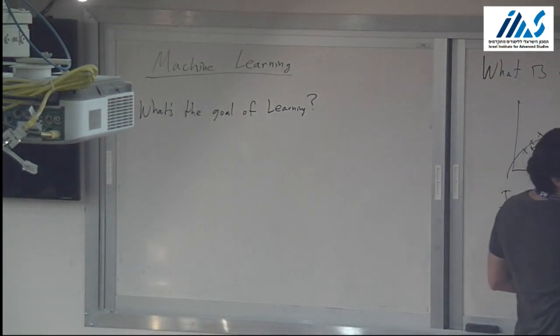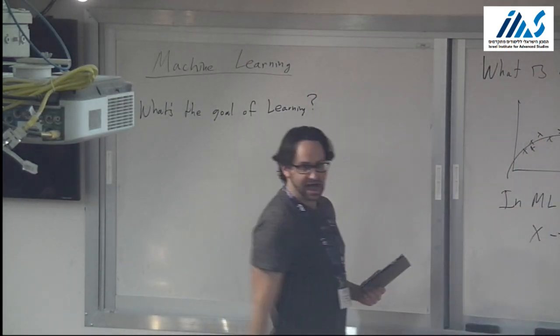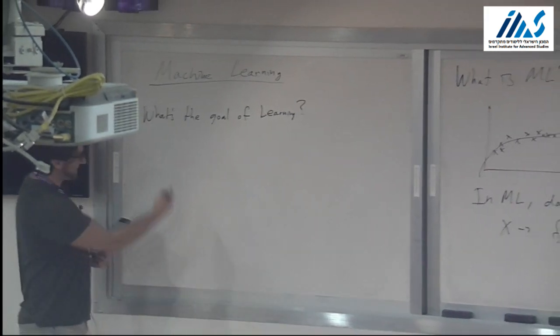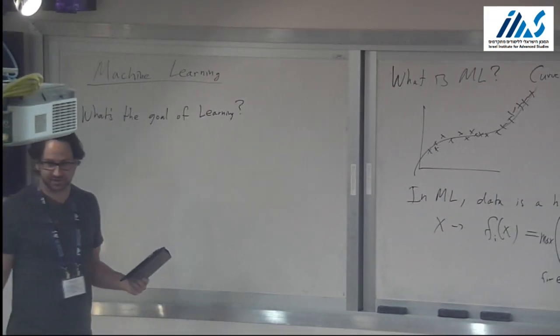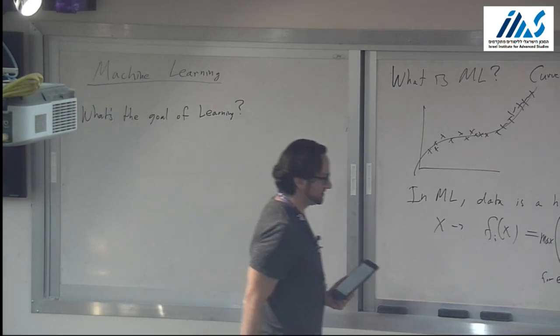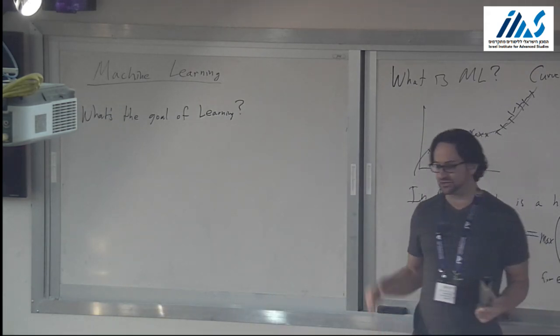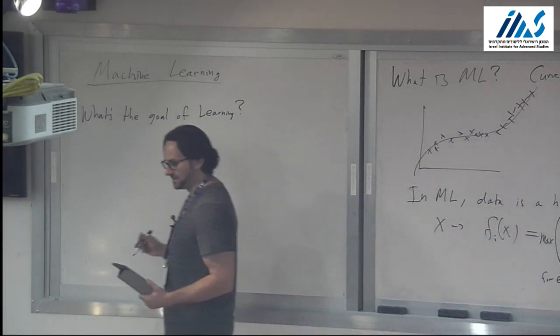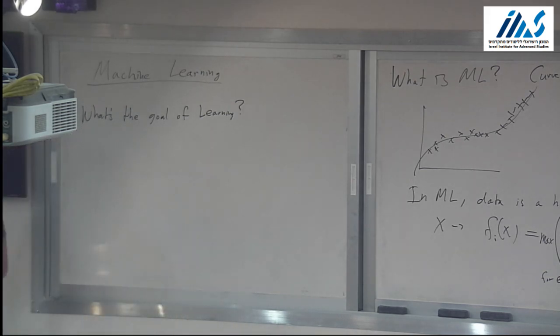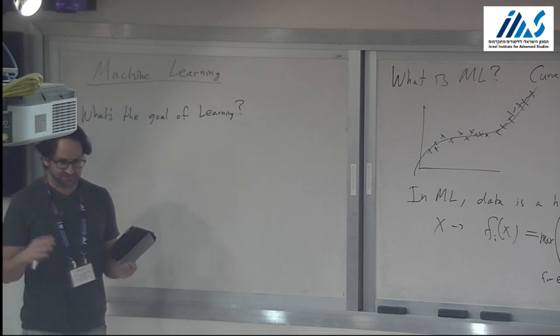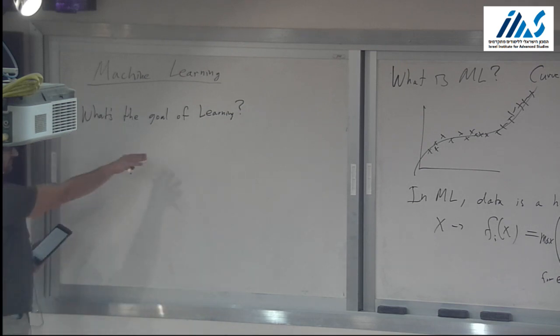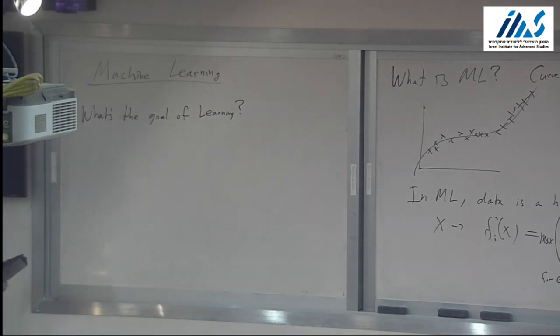One is how you define a function on the data. The second question is, what is the goal of learning? And this is actually the subset of ML that I think you can say the most about theoretically. However, at the end of the day, the things that you end up saying are very intuitive and kind of obvious. But this is the kind of thing that statisticians have studied for a long time, and so there's a lot of theoretical machinery you can talk about.